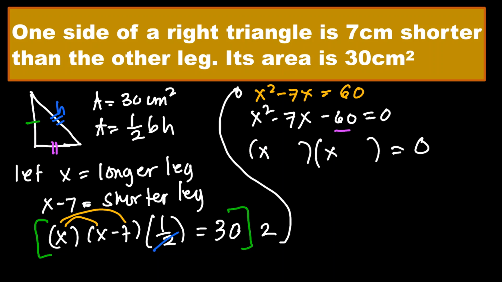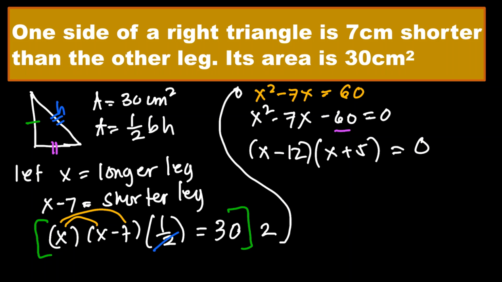We will have minus 12, because the sign here is minus, and then plus 5. So negative 12 times 5 will give us negative 60. So I think we have the right factors here.